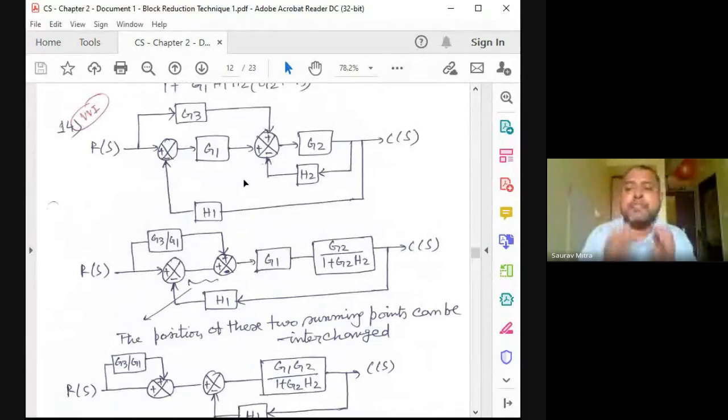I'll repeat: if you are shifting a summing point before a gain block, then the gain related to that summing point will be divided by the gain. Same thing you're doing here: you're shifting the summing point before the gain block G1. Now G1 has come here, there is no entanglement for G1, and the gain related to that summing point, G3, gets divided by G1. So this is what has happened now.